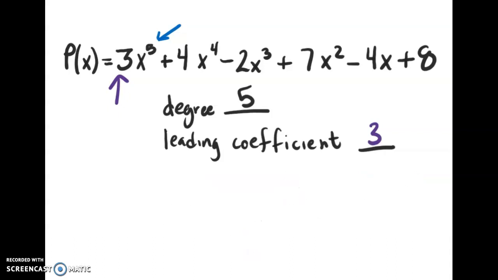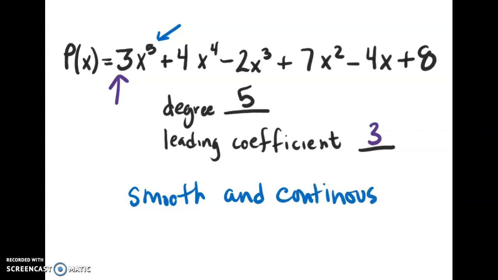So let's go back to this one. We were talking about polynomial functions, and we want to talk about their graphs. What is true about polynomial functions is that if you have a polynomial function that has a degree of 2 or higher, the graph will be smooth and continuous.